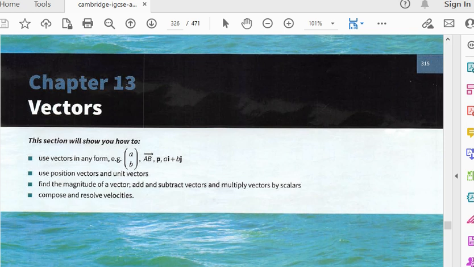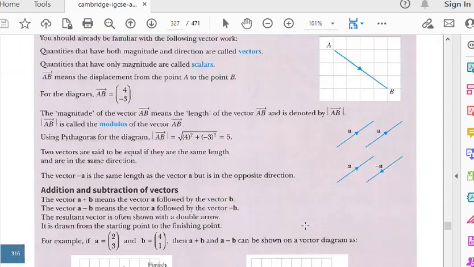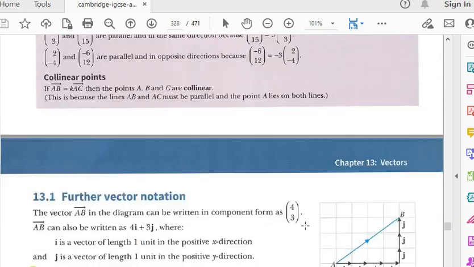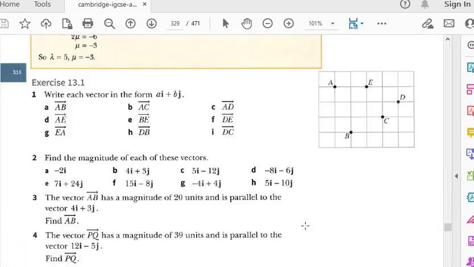Vectors is not new for you because you did a lot of vectors in your physics course, but in this chapter you have to do vector algebra and some special kinds of vectors as well. So without wasting time on these examples, I am going to start exercise 13.1 directly.